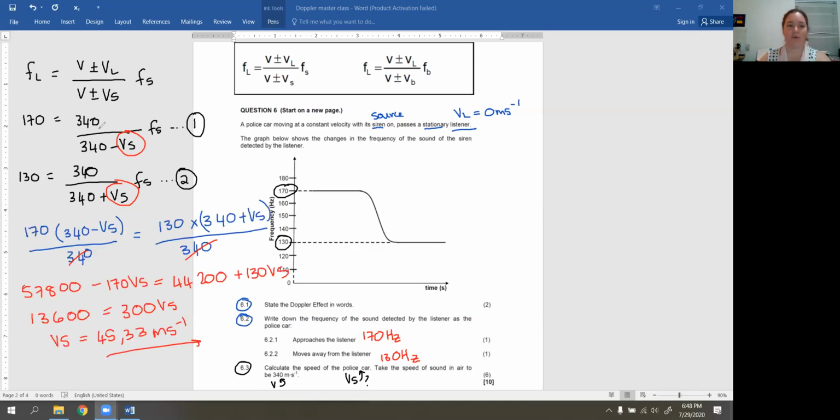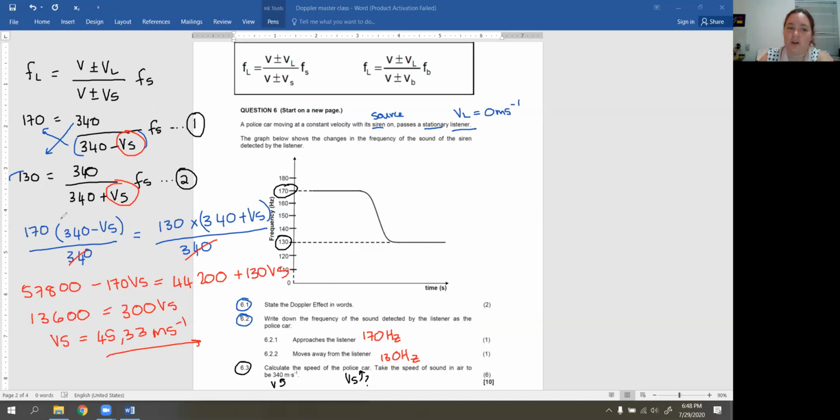All right, so what I did here to get FS on its own was I multiplied this value up to the top and that 340 down to the bottom, and I did it on both sides. So when I cross multiplied, I ended up with 170 times by that value divided by that value equals 130 times that value divided by that value. The 340s were good and nice and neat, and they both canceled out.